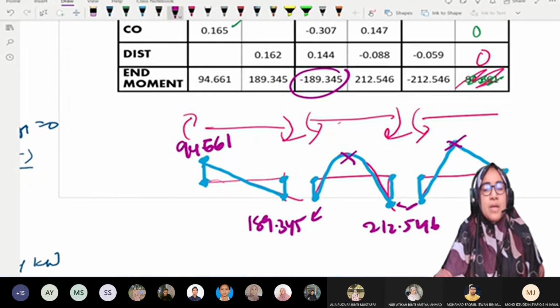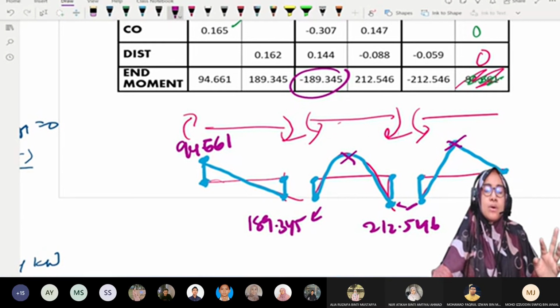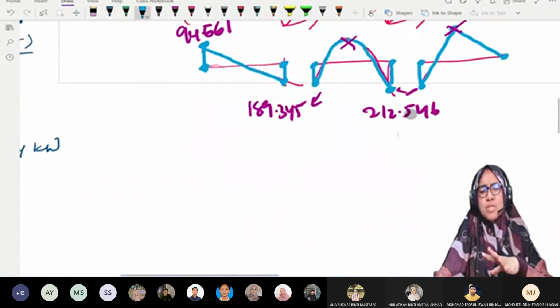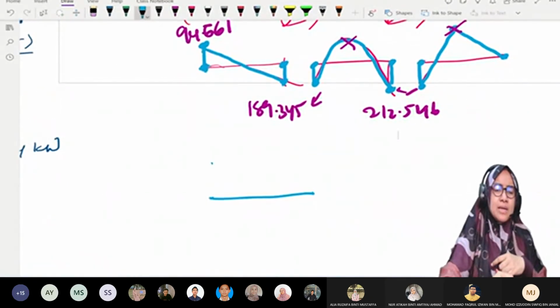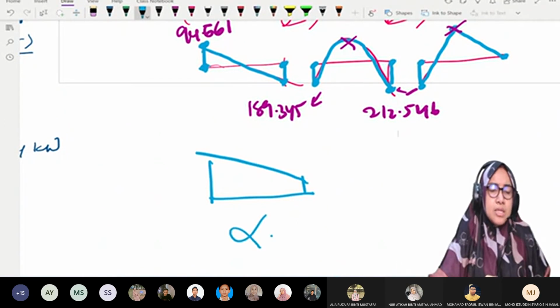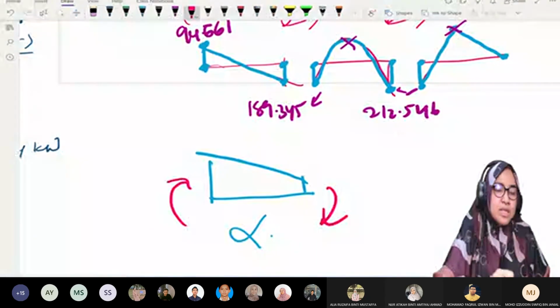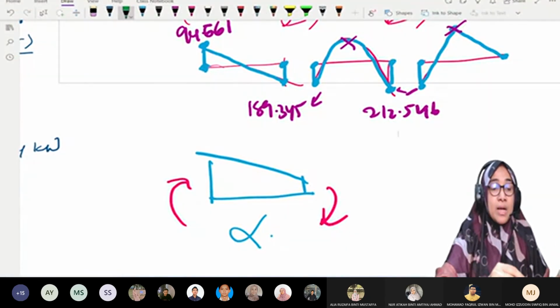Okay, and the last one is 0. Okay. So kalau dia sama macam ni kan, you nampak dia sama macam ni. Yang ni pun positif, yang ni pun positif. Positif bukan makna dia punya point tu macam ni tau. This is wrong. Positif means positif. Nampak tak? Point dia mesti dekat bawah, bukan dekat atas.